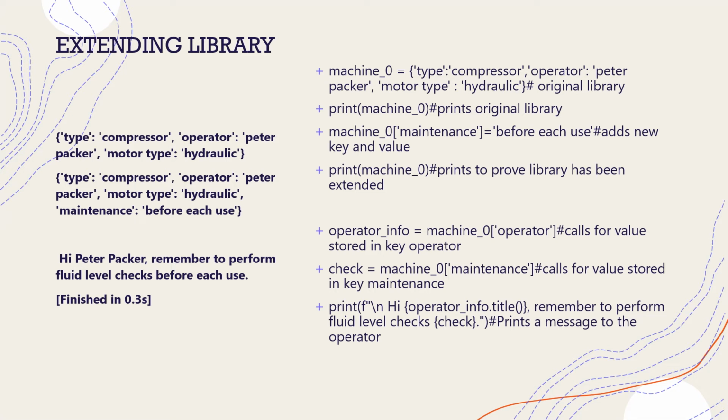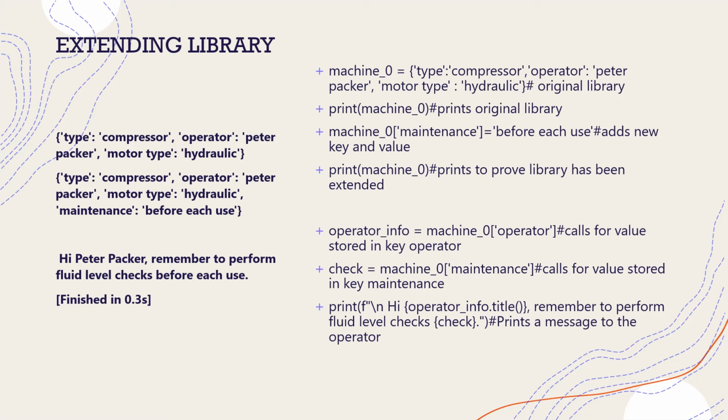The next slide was about extending an original list and then putting in some new key pairs, and then after that you go in, get something out of there, and print it out in formatted form. As you can see, the original list was from the first slide, and then I added maintenance and before-each-use to it.